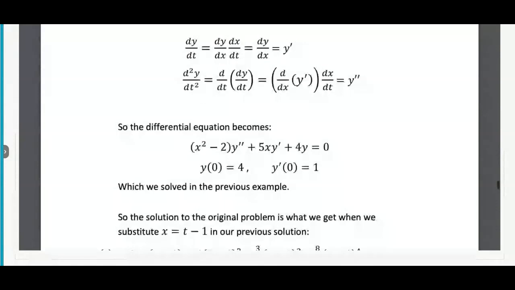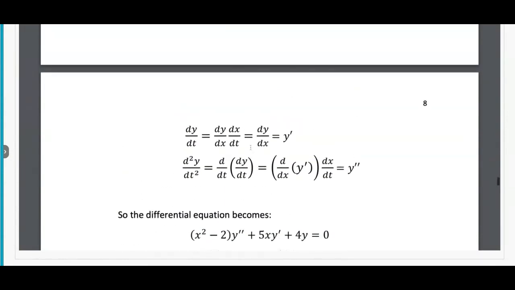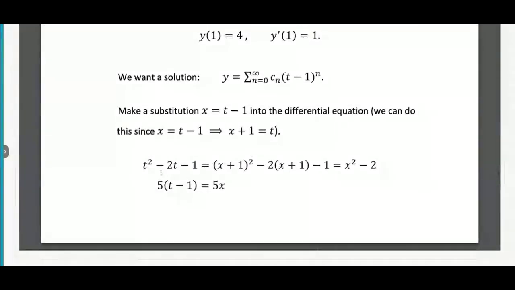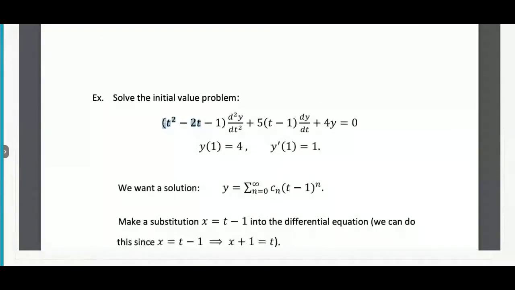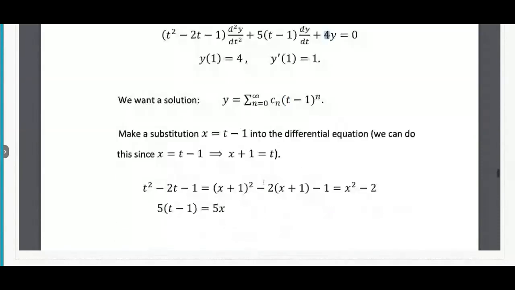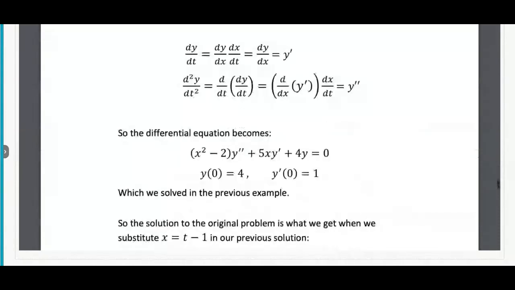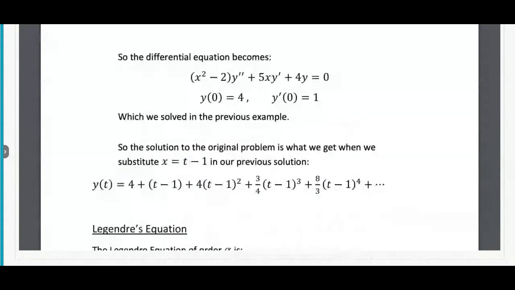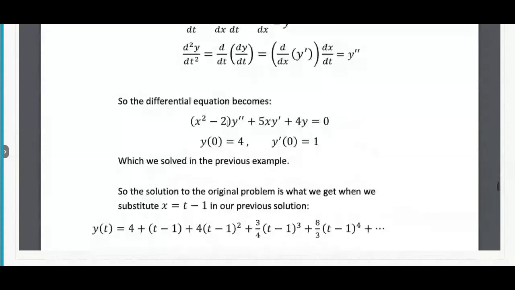So the equation, before, this is t squared minus 2t minus 1, that's a of t. Now it becomes x squared minus 2. So this is a of x, before it was a of t.